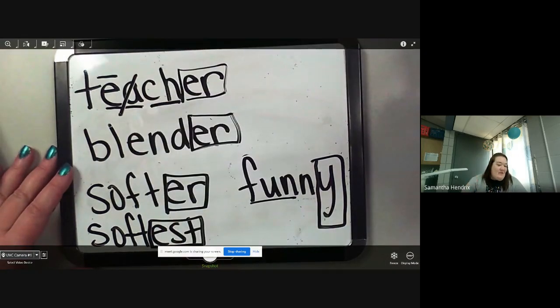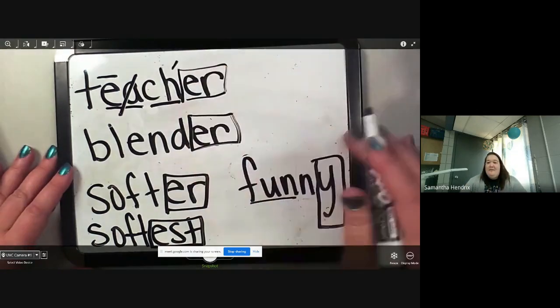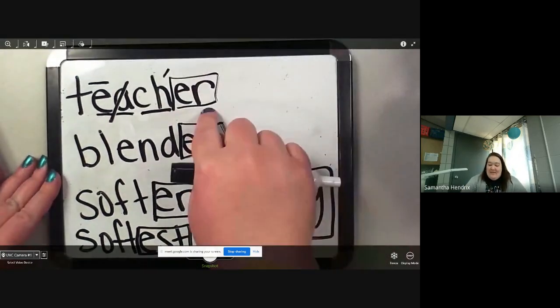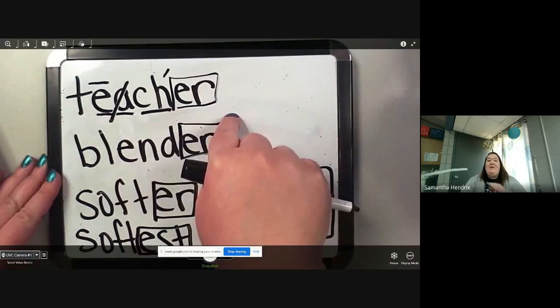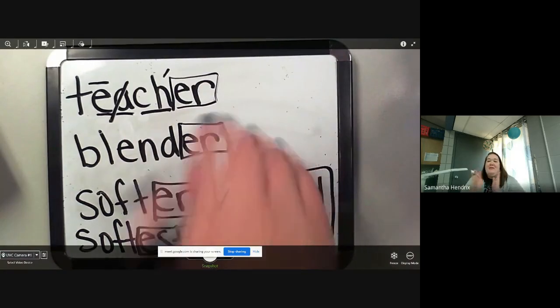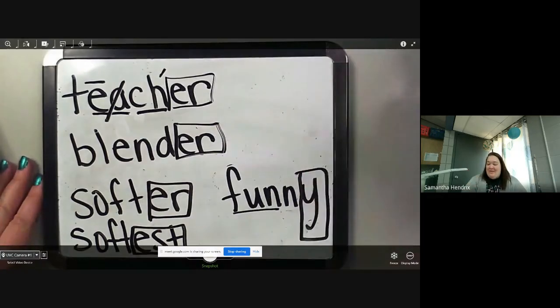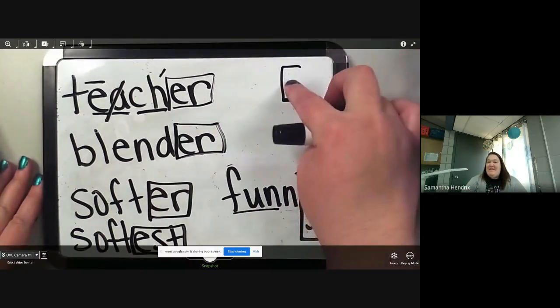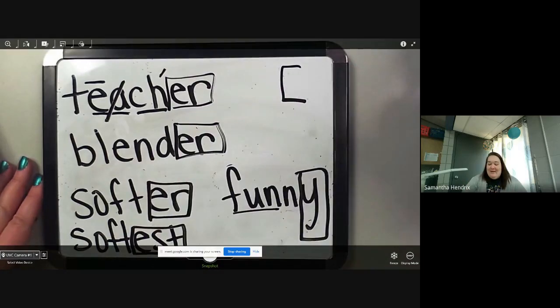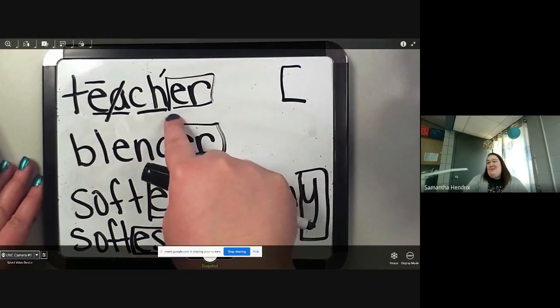And then this is digraph CH. That gets the accent, okay? When we box these, this is a two-syllable word. Teacher. But when we box things, like in our final stable syllable, that in itself is its own syllable line. So this box is its own syllable line.